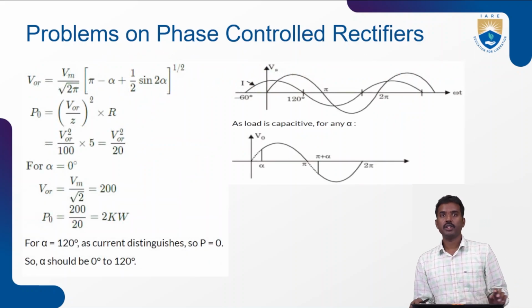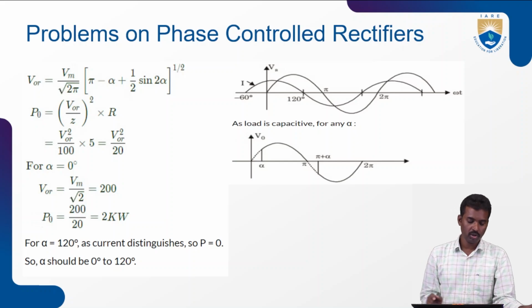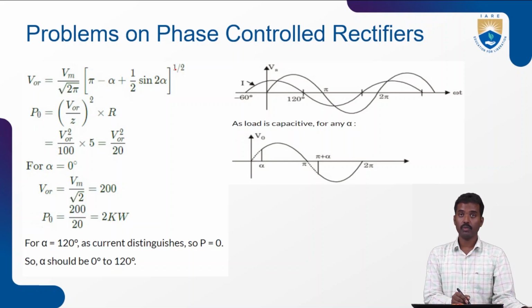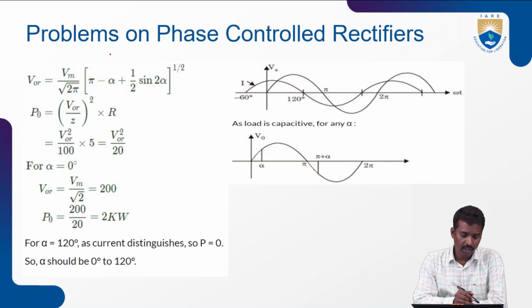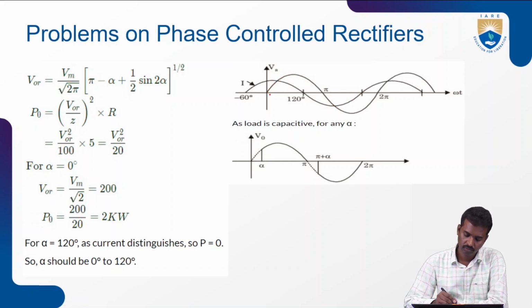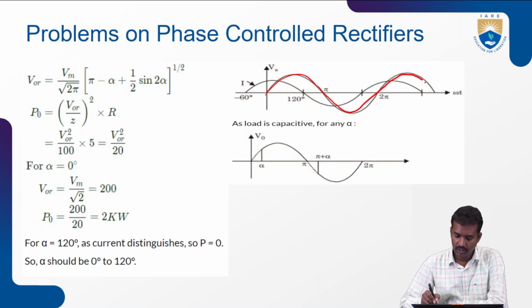We know very well this formula: RMS output voltage equals square root of 1 by 2 pi, Vm by root 2, pi minus alpha plus 1 by 2 sine 2 alpha. Alpha range we need to calculate. The supply voltage is given, and this is the current waveform.